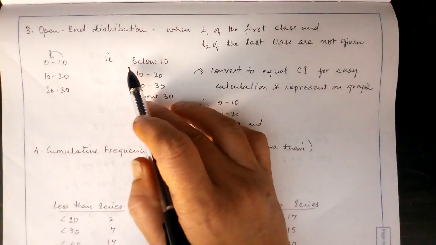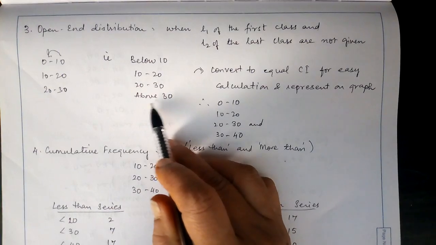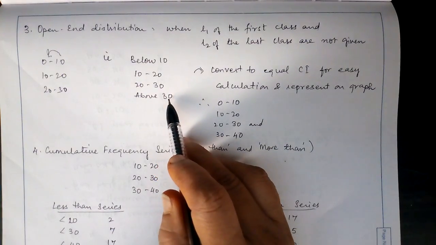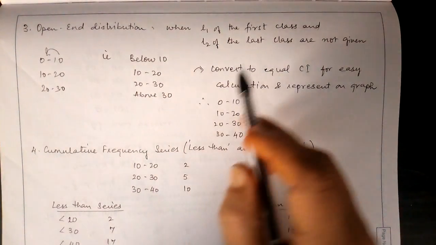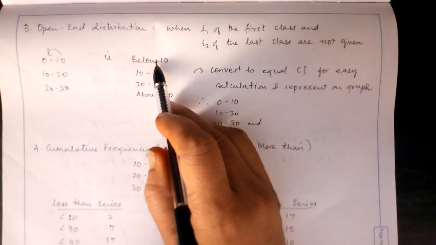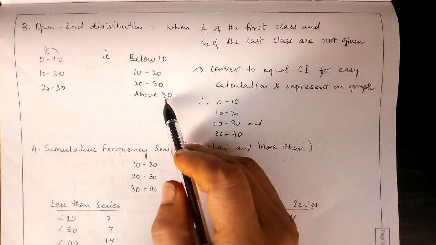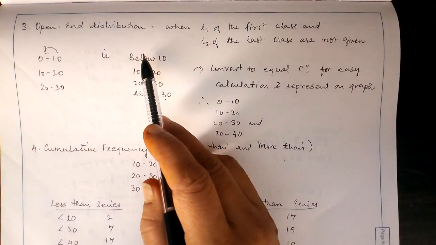So this is an open-end distribution. And in the last class interval, we find above 30. What is the upper limit here, which is not mentioned? So this again becomes an open-end distribution. That means when the lower limit of the first class and the upper limit of the last class are not given, it becomes an open-end distribution.